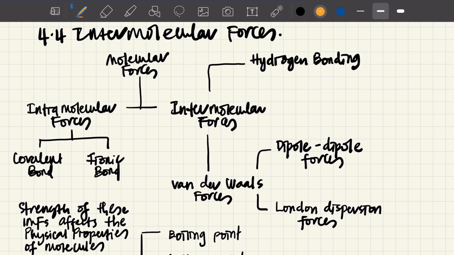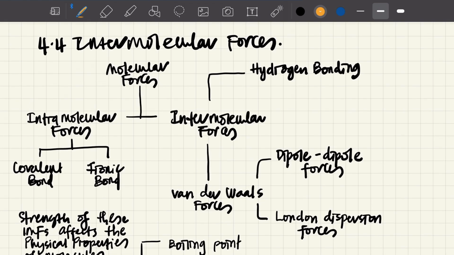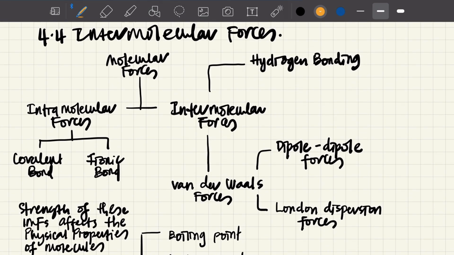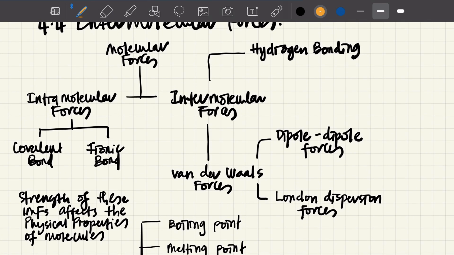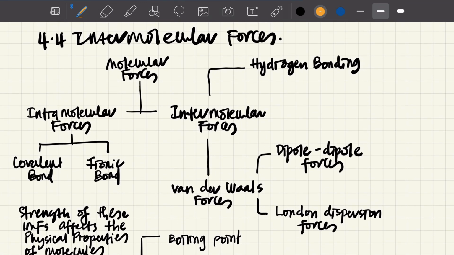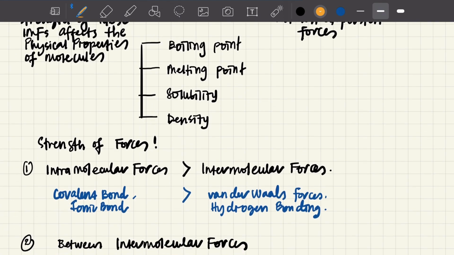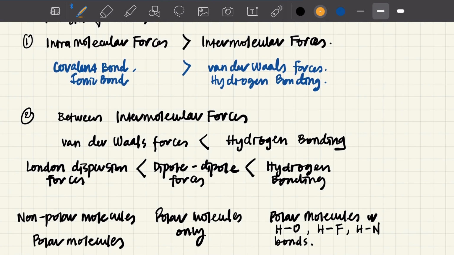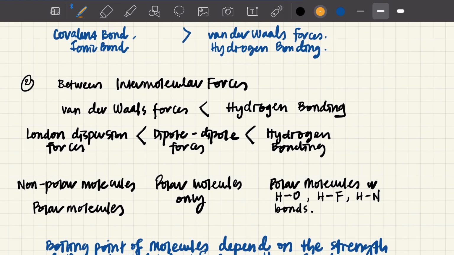So what I did was, I did like a rough mind map about what is in the subtopic, and then I did macam how to compare strength of forces for boiling points, for solubility, density. You should do that, okay?